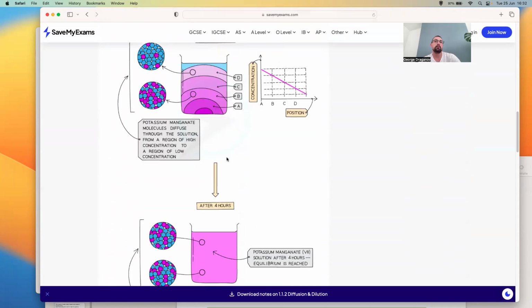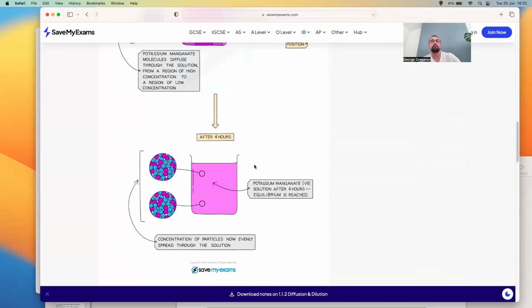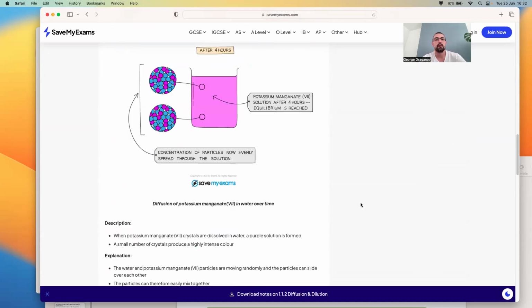And that will gradually occur, and after 4 hours, the equilibrium is reached. We will cover equilibrium in a different lesson, but that's when there'll be an equal shade throughout. So the concentration of particles has been evenly spread out, just like with the air freshener and the bromine gas.